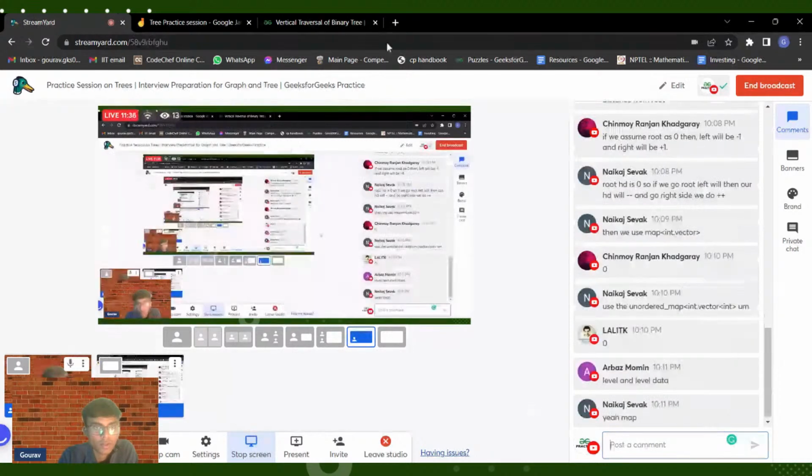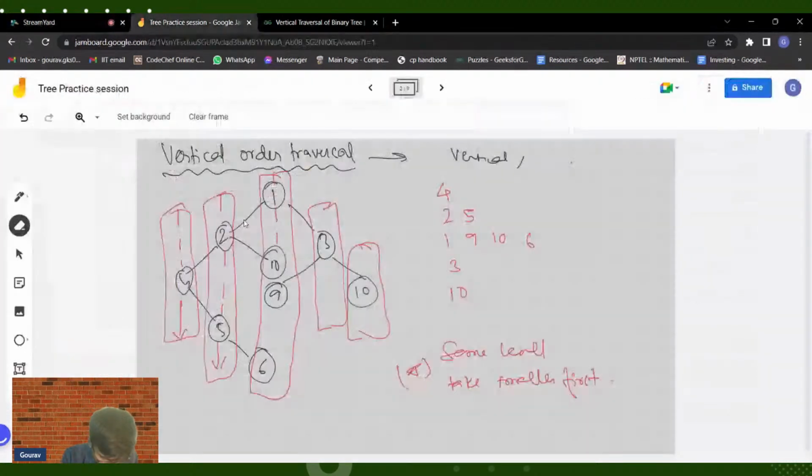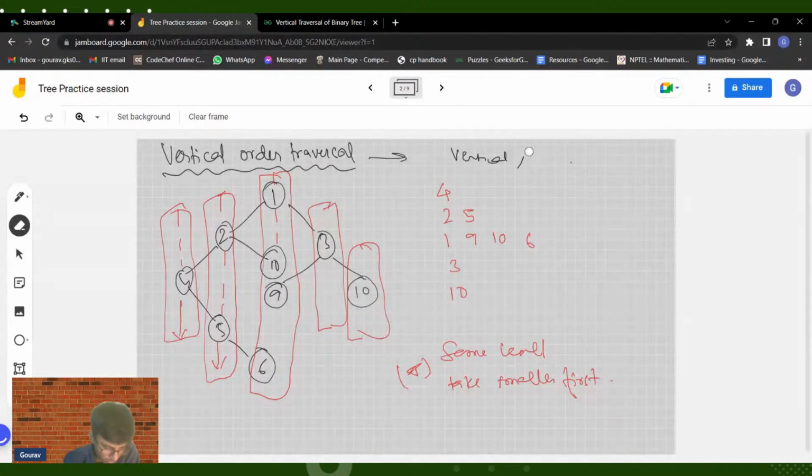So as I told, the int stored the horizontal distance. Basically, we will be having two parameters, namely the vertical and the level number. Why do we need that? Because the question is saying that we have to find the vertical order traversal.